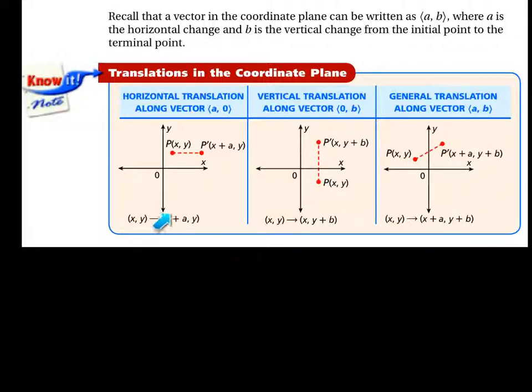So all you do is the same thing on your x value. Vertical translation, B, goes up or down. That means the y value is going to change. So you're going to take your change in y and apply it to the y value. If you're moving both A and B, then whatever A and B are, you're going to make that change to the x and y coordinates.